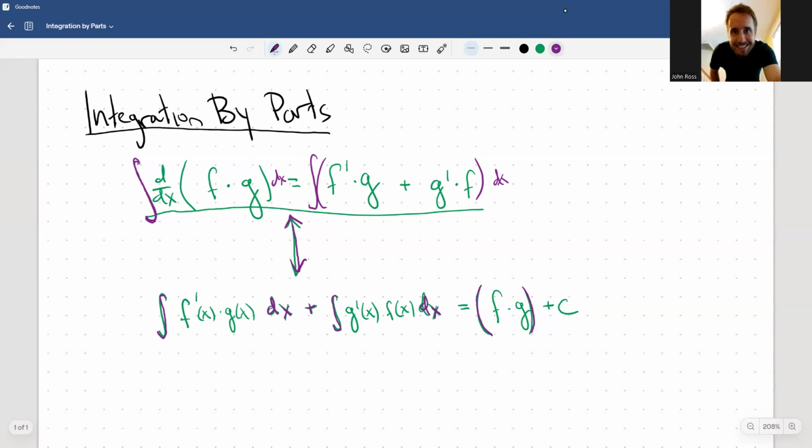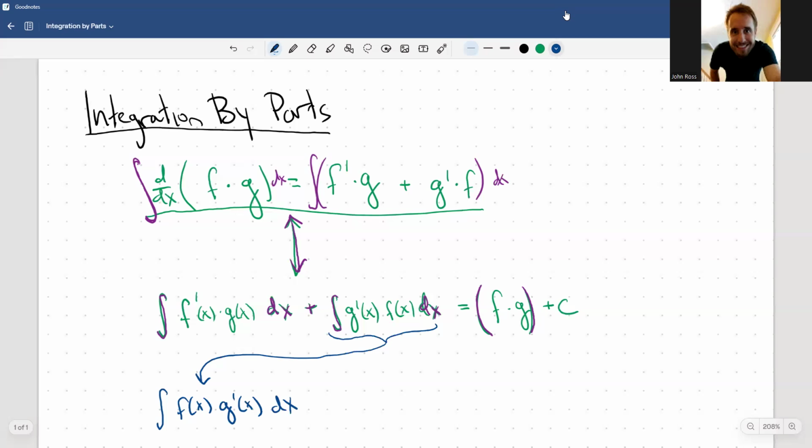So this new method of integration by parts is going to take advantage of this relationship. And we're going to think about it as follows. I guess maybe I should say first, let's rewrite this one more time. I'm going to leave this g prime times f of x dx on the left-hand side of the equation, but I'm going to rewrite it just as the integral, flipping the order, so f times g prime of x dx.